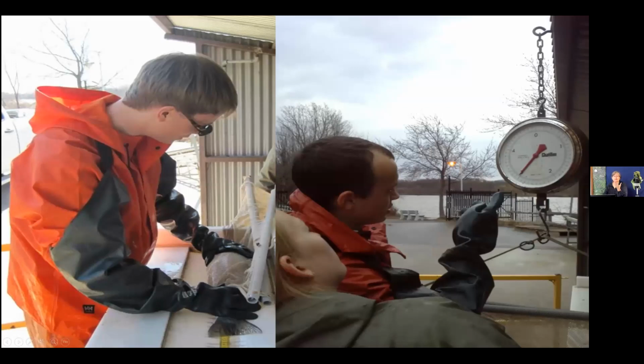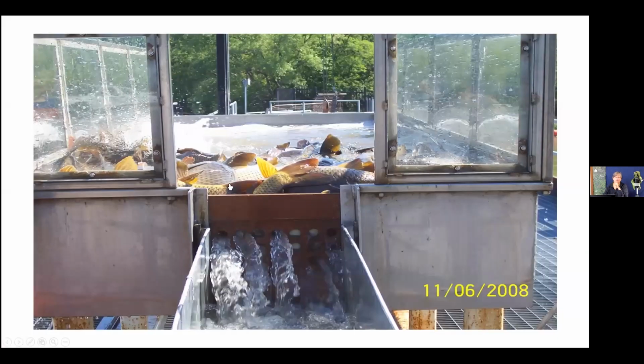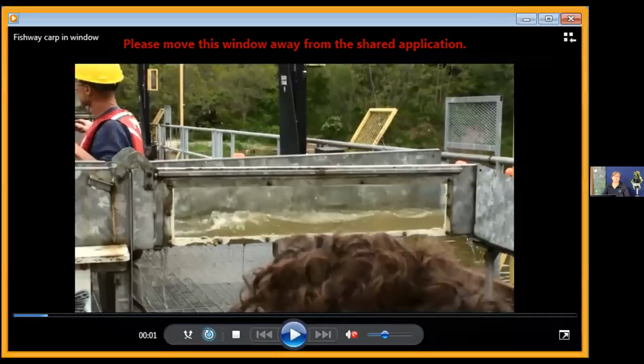So with the native fish, they take measurements, they weigh them, and for some of them, they may even implant little telemetry markers so that this gives them an idea of where some of these fish might go. So here are the fish in the holding tank, and I'm going to switch over and play a video for you.